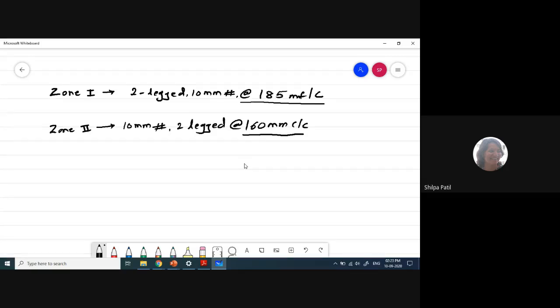Ma'am, but it is happening now? In zone 1, there are bent up bars, so some shear force will be resisted by the bent up bars. So that's why the spacing is coming larger in zone 1. Yes, ma'am. Everybody is getting the same answer.